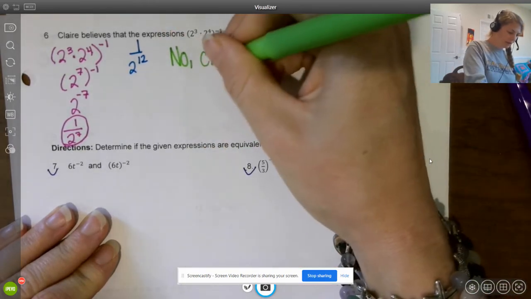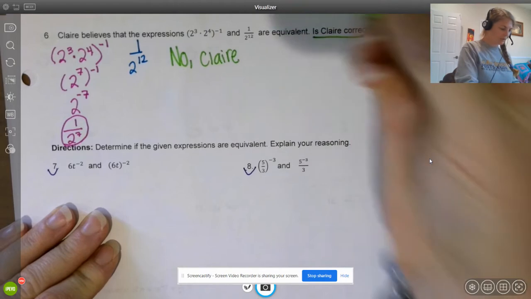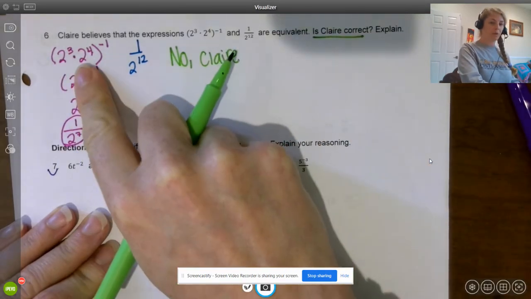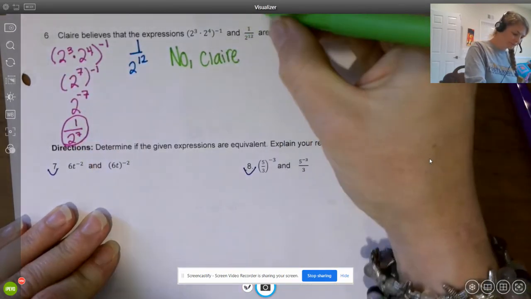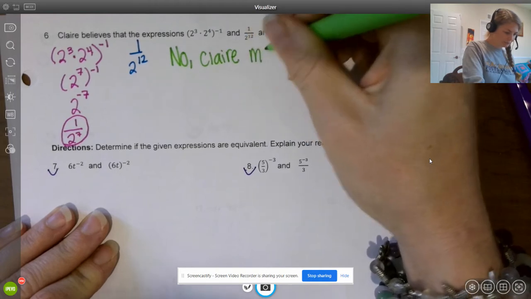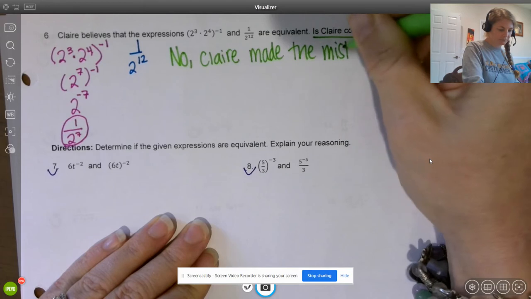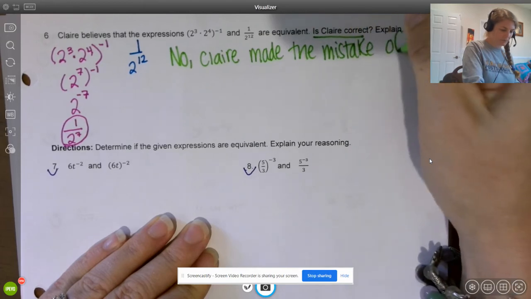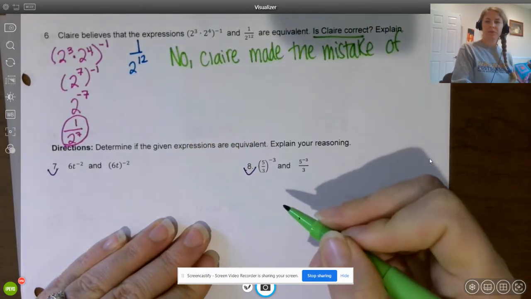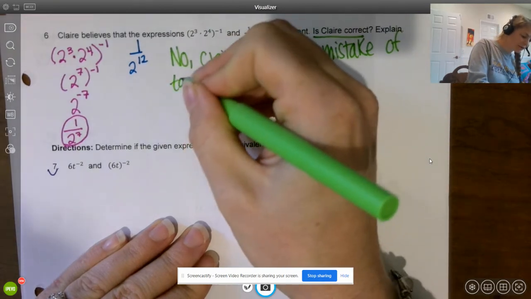So Claire, what did she do probably? She probably multiplied her exponents instead of added them. Claire made the mistake of, what's the word for multiplying? Taking the product.